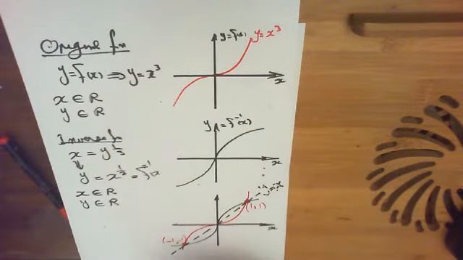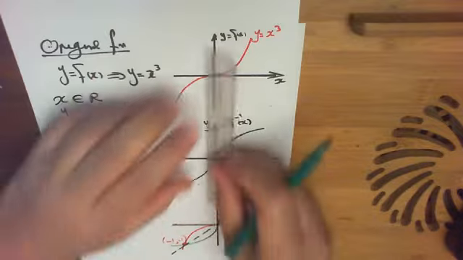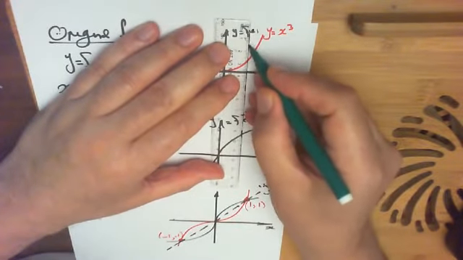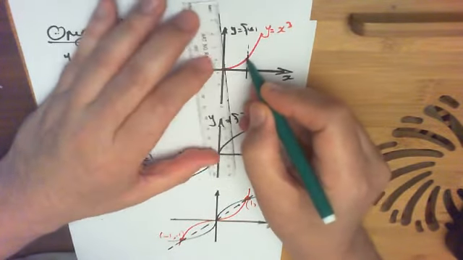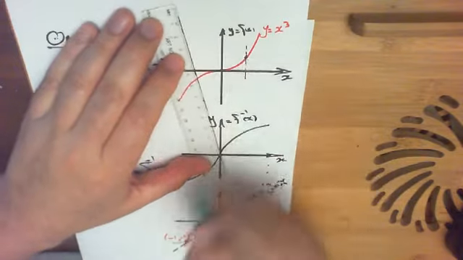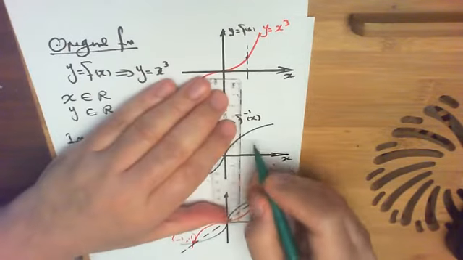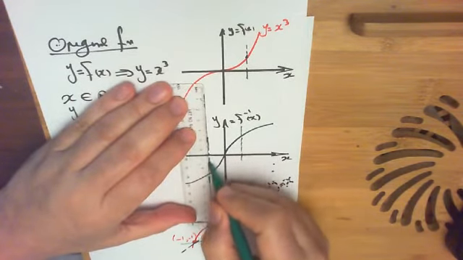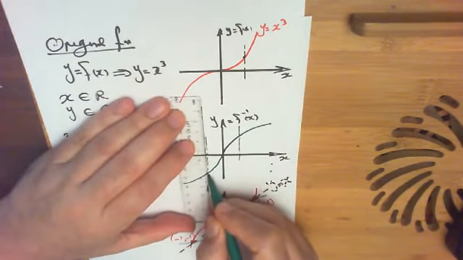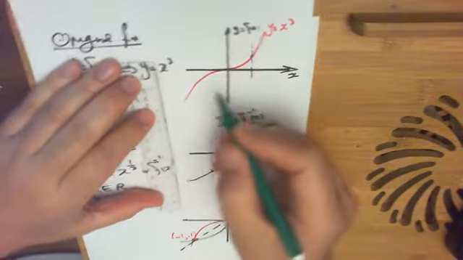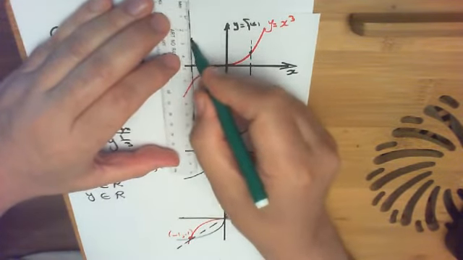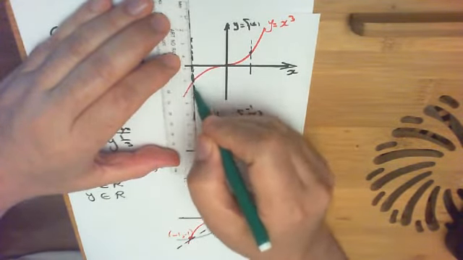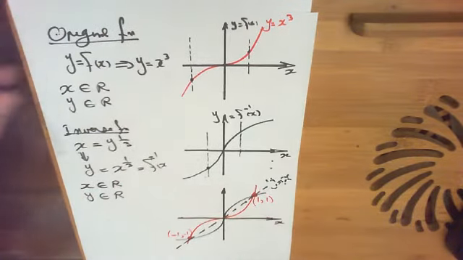As you see, if we draw any vertical line, it will intersect the graph of the function in only one point. This is called the vertical line test. Otherwise, it is not a function, it is a relation.